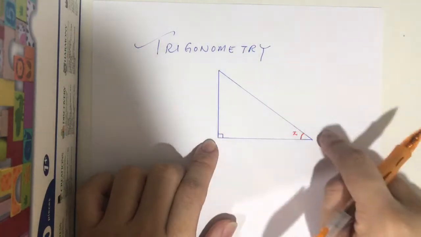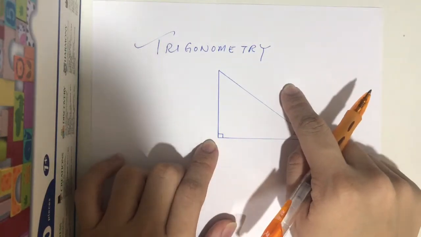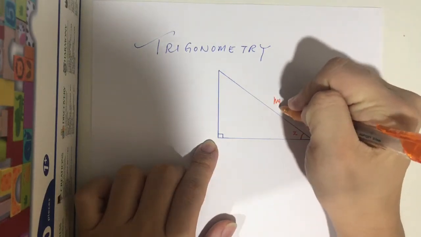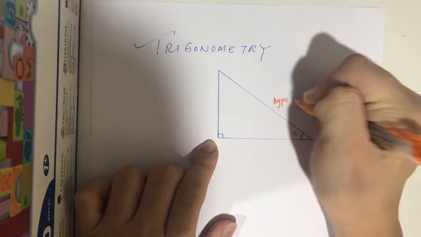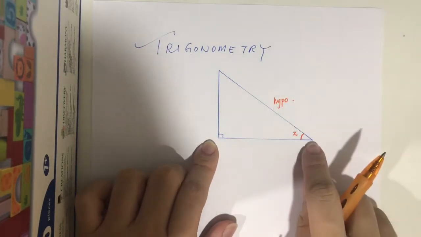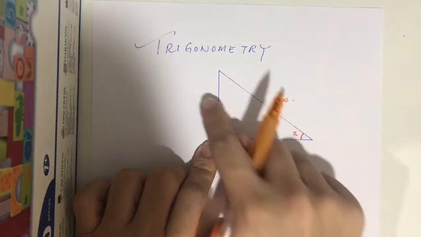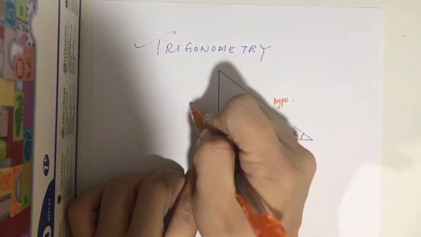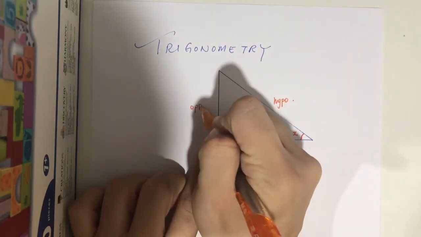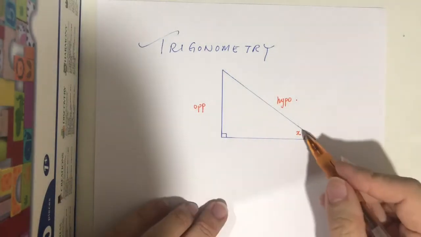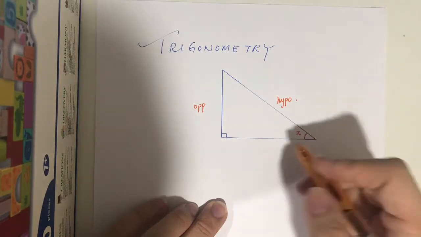The side that is opposite the angle that you are looking for will be called opposite. And the side that the angle is sitting on will be adjacent.